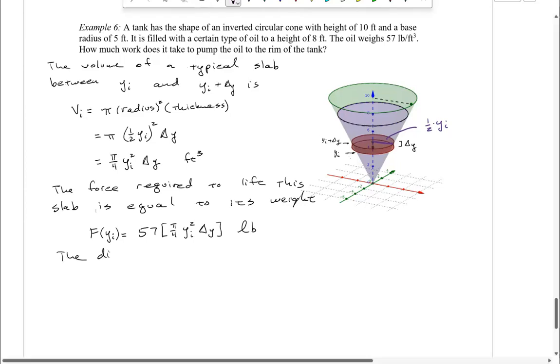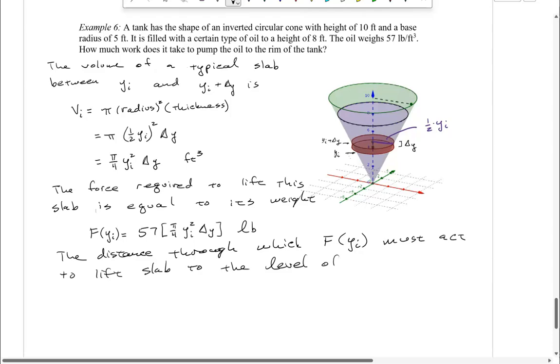Now, the distance, we have to think about how far we need to go. So the distance through which F of y sub I, this force, must act to lift the slab to the rim of the cone is going to be approximately 10 minus y sub I feet.